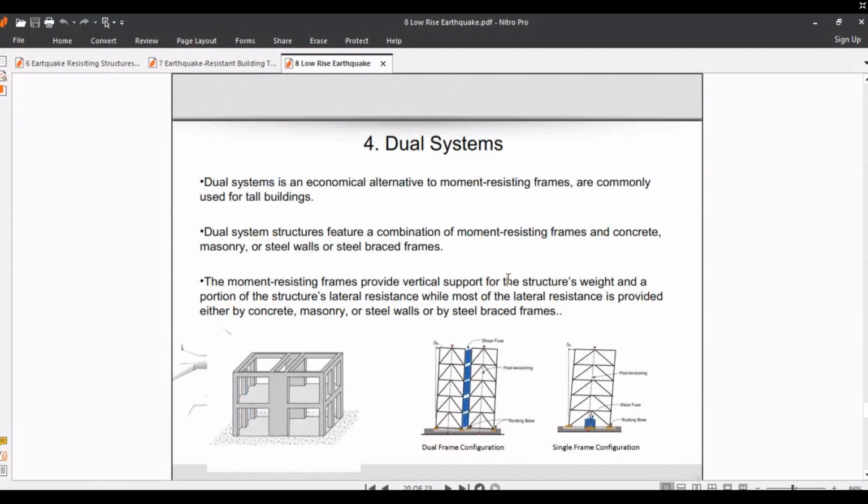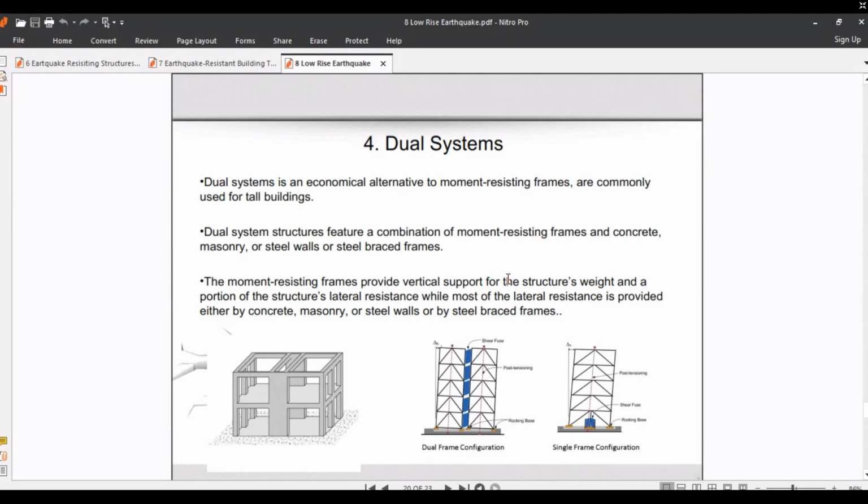Another type for resistant building design uses dual systems in the construction structure of buildings. Dual system is an economical alternative to moment resistant frames, commonly used in tall buildings.